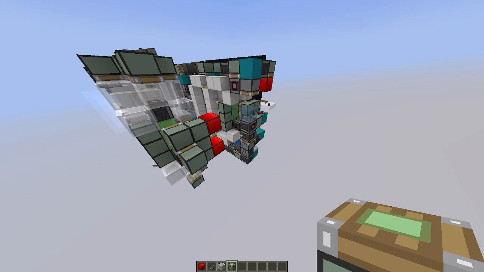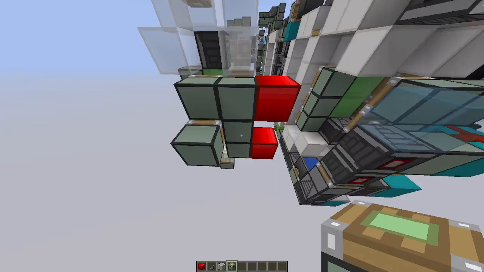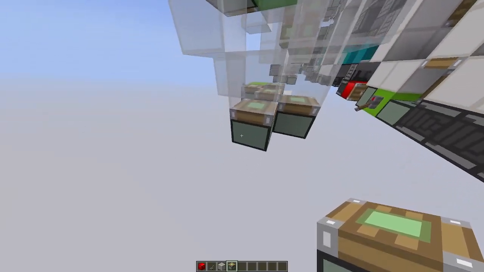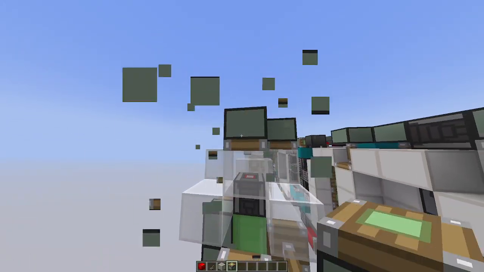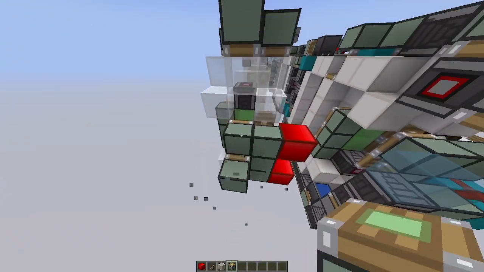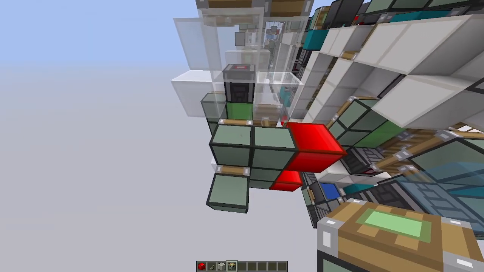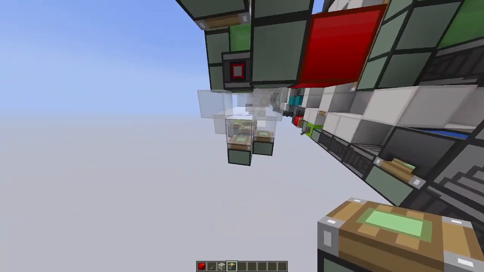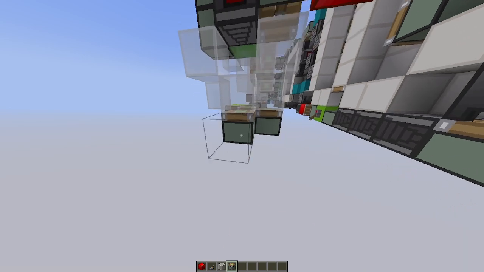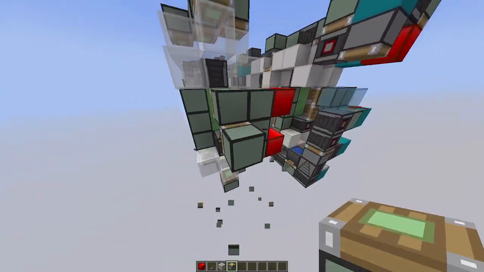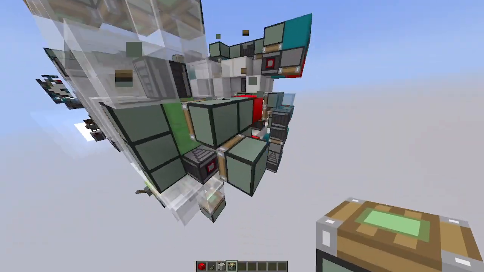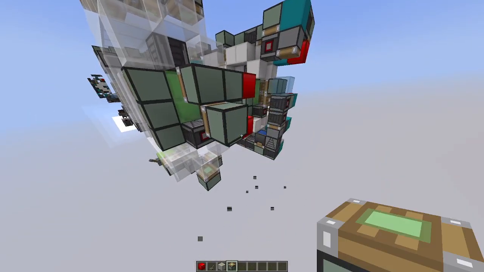Now, in addition, we also established previously that we will have these covering pistons, which need to be retracted before the slime extender and pushed after the slime extender. Or let me specify more correctly: pull before the slime extender extends and push after the slime extender retracts.